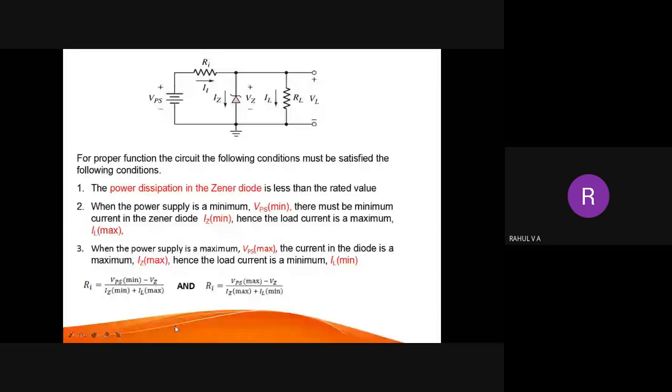Okay, so yesterday we were discussing the Zener voltage regulator.